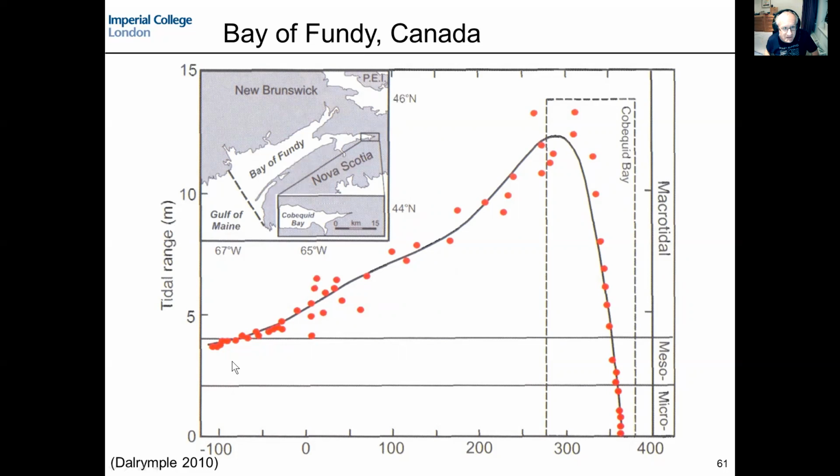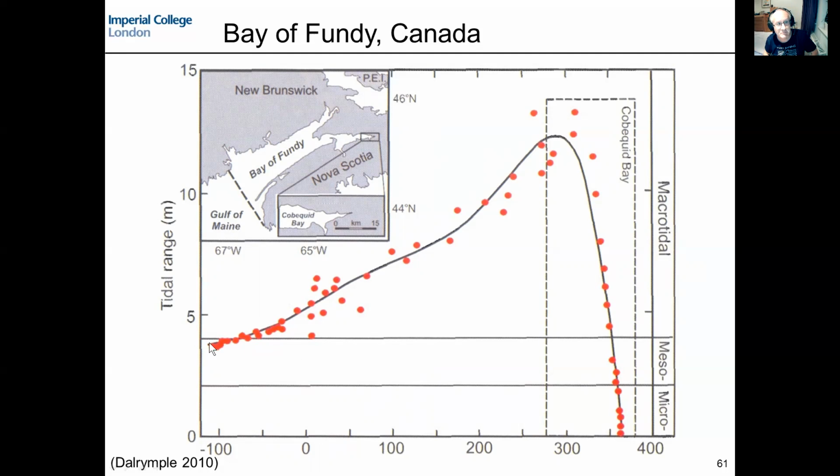This graph shows as we go from the entrance of this bay, about minus 100 kilometers here, up into the bay, the bay gets narrower and shallower. So we're forcing that water through a smaller cross-sectional area, and that means the height between low and high tide, the water level, has to go up really dramatically.